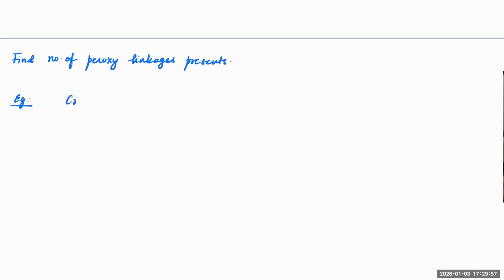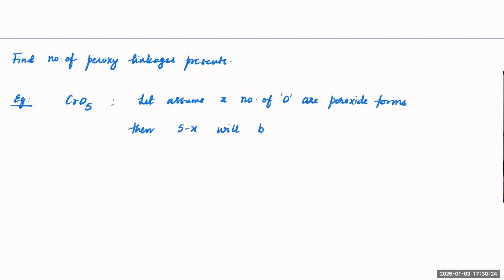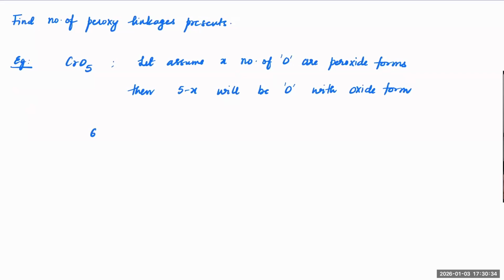For instance, I have CrO5. This is the compound given. So what you do, let us assume X number of oxygens are in peroxide form. Then 5 minus X will be oxygens in simple oxide form.